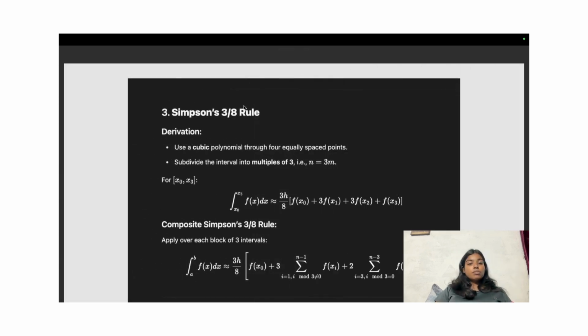The next rule is Simpson's 3/8 rule. Use a cubic polynomial through 4 equally spaced points. Subdivide the interval into a multiple of 3, that is, n = 3m.